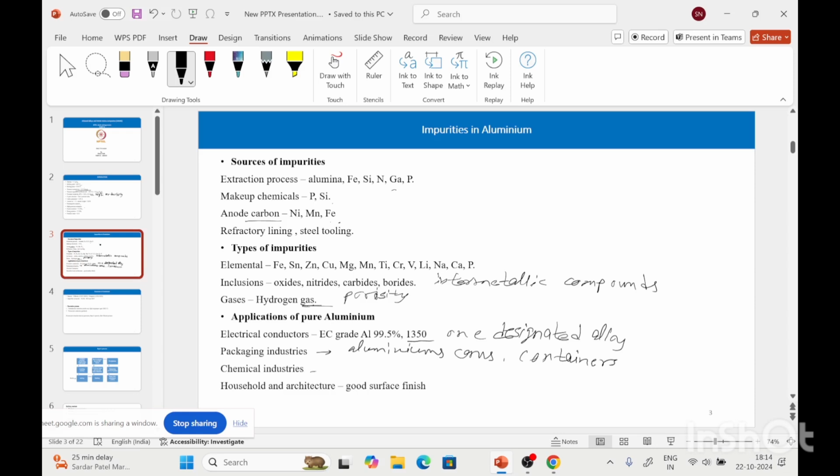Then in chemical industries, in forming different chemicals. Then in household and architecture. In household, we can see different utensils and appliance bodies.